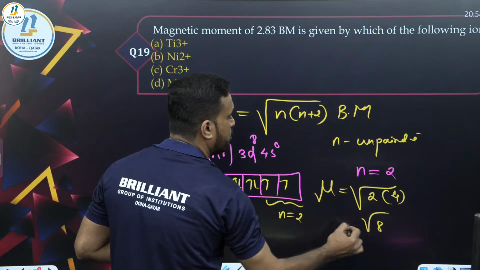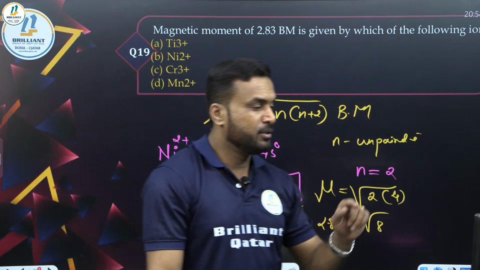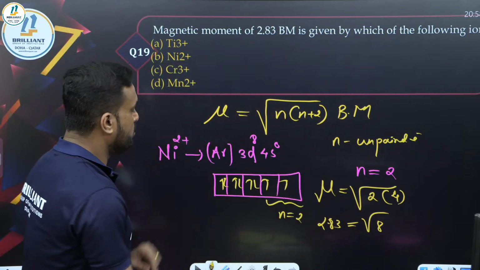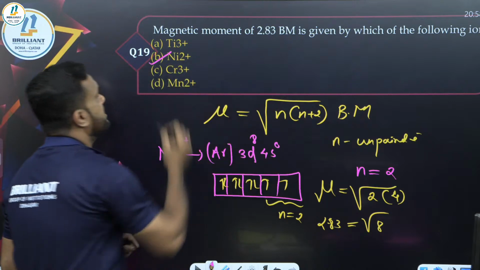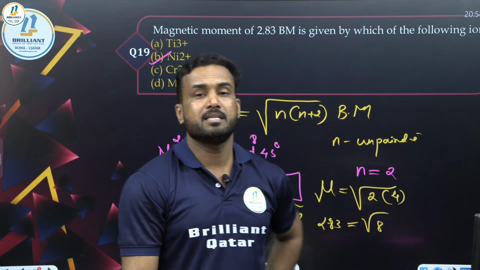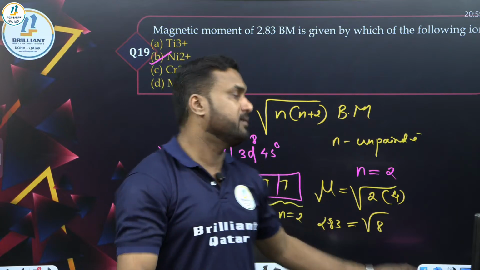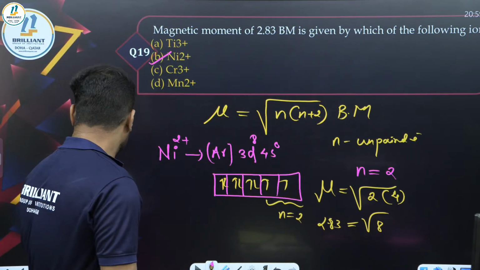Root 8 is equal to 2.83. Sanjay, it's correct, right? So the answer is B, Ni2 plus. Whenever you get n equal to 2, it will be root 8, which is 2.83. Right answer is B. Shall we move to the next one?